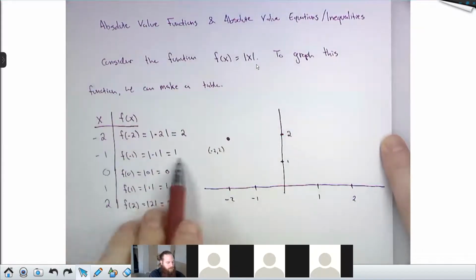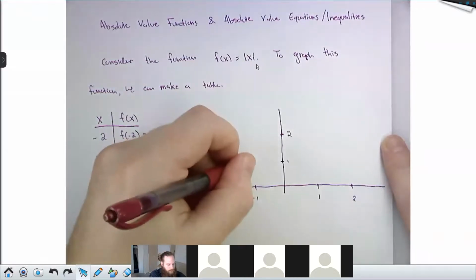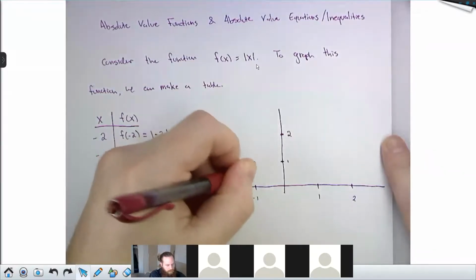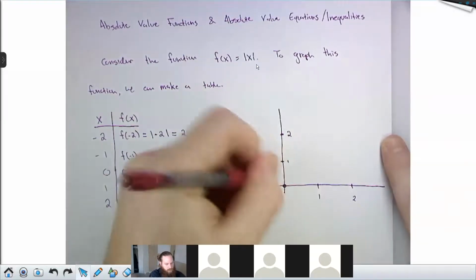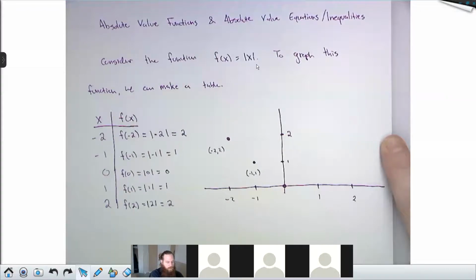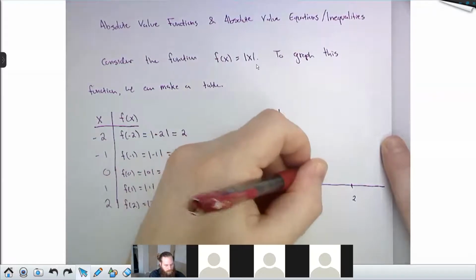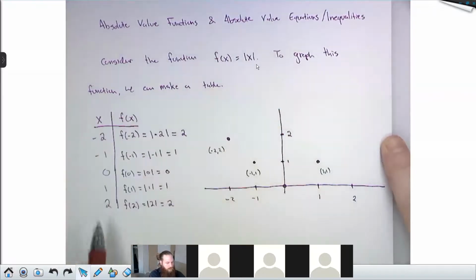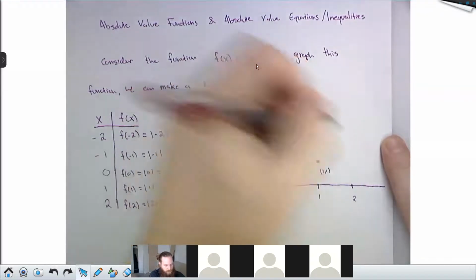This line of my table tells me that the ordered pair -1, 1 is on my graph. So that ordered pair lives right here. This row of my table tells me 0, 0 is on my graph. 0, 0 is right there. This line tells me that 1, 1 is on my graph. And this line tells me that 2, 2, right? 2, 2 is on my graph.